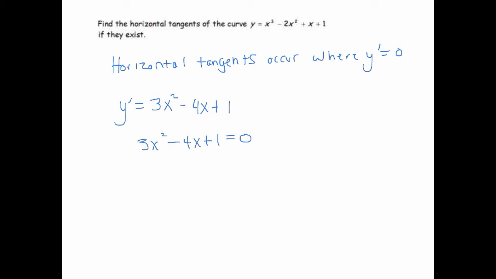that make this expression true, we see we've got a quadratic. It looks like this will factor, as if I rigged it that way, which I most certainly did. So it factors into 3x minus 1 times x minus 1, and that means that we have horizontal tangents at a third and at 1.